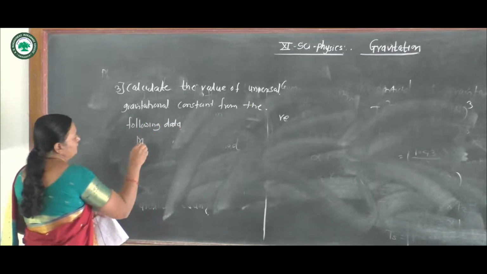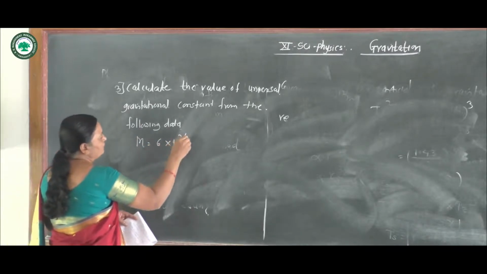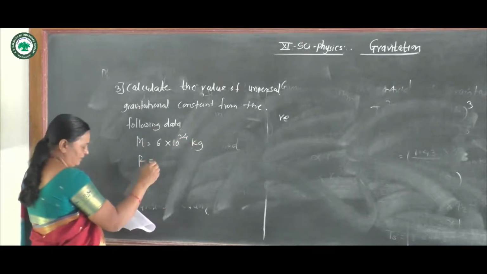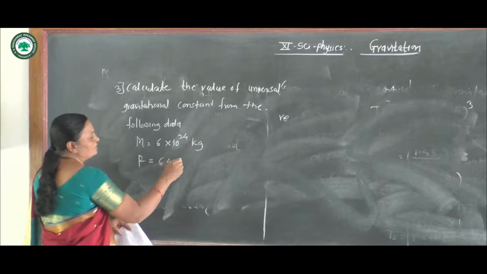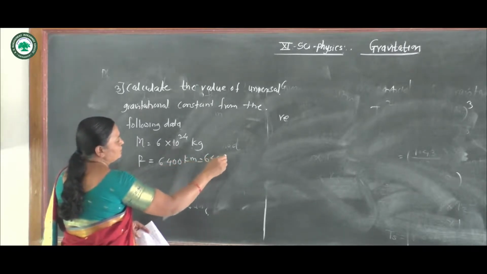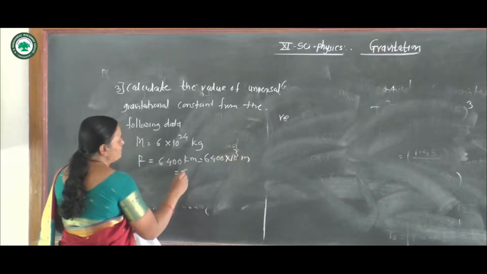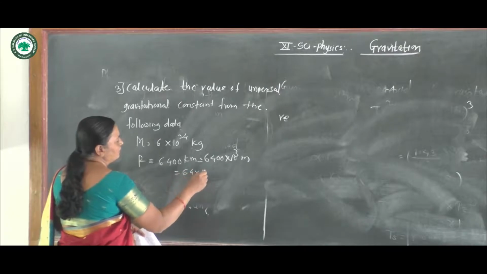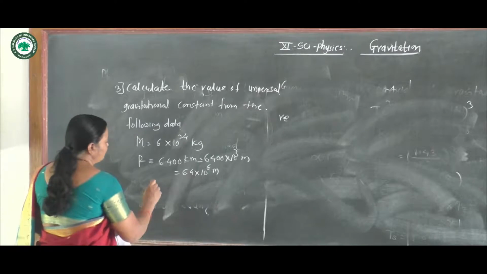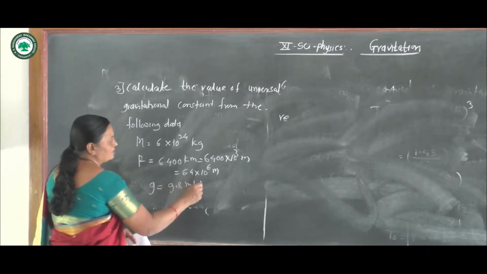Mass of Earth, it is 6 into 10 raised to 24 kg. Radius of Earth, it is 6400 kilometer. That is, it is 6400 into 10 raised to 3 meter, that is equal to 6.4 into 10 raised to 6 meter. Then acceleration due to gravity, it is 9.8 meter per second square.